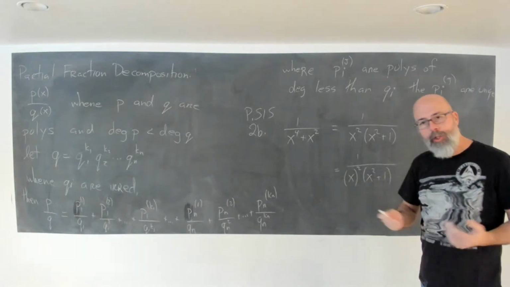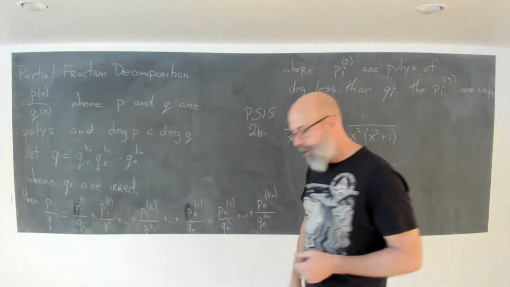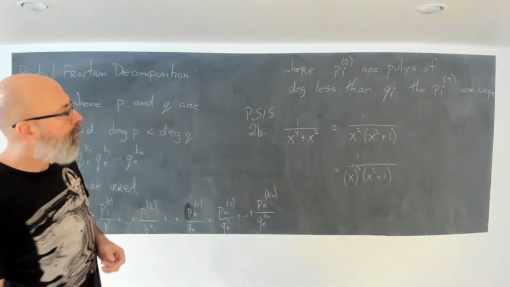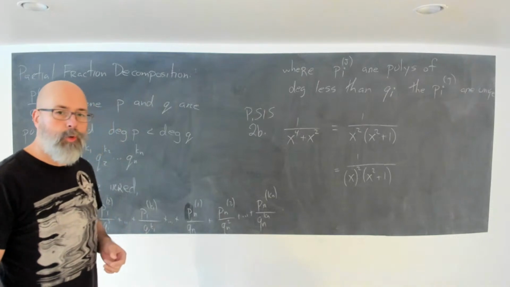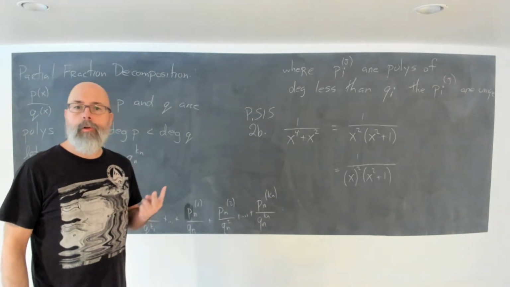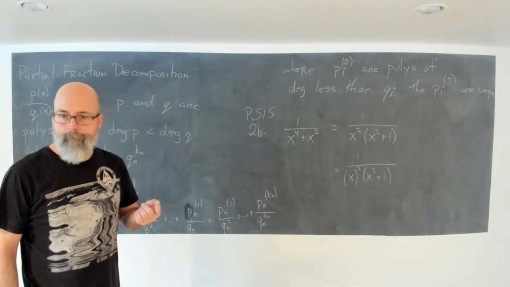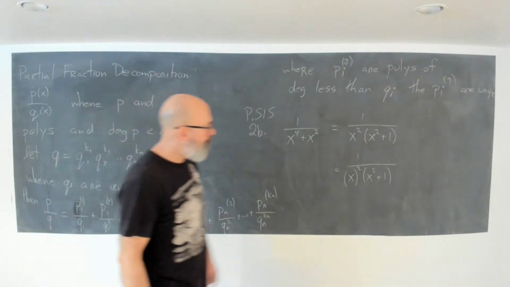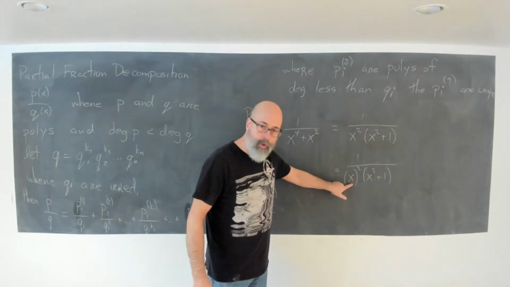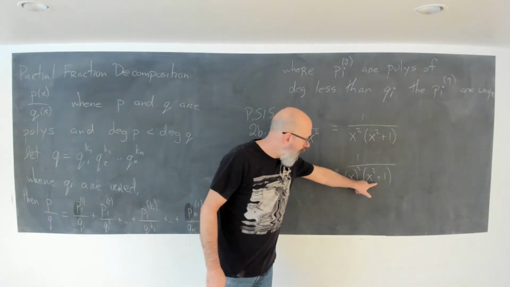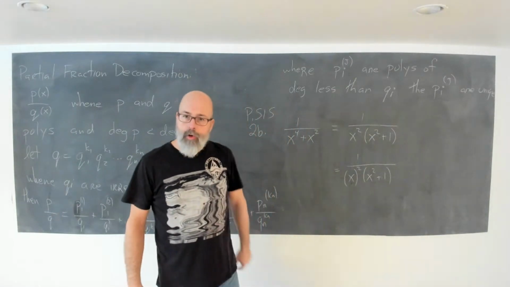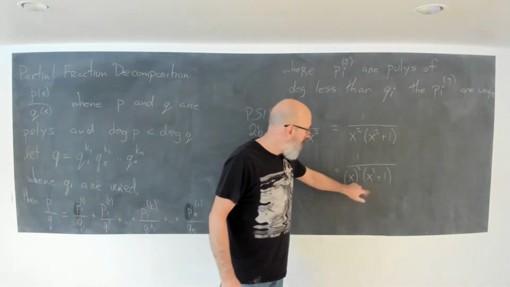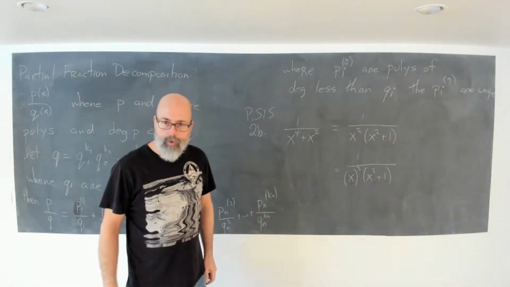Now, before we continue, I should mention that we reviewed on Tuesday the idea of irreducible polynomials, and we saw that there are only two types of irreducible polynomials. Polynomials of degree 1 or polynomials of degree 2 with no real roots. Here, x is a polynomial of degree 1, and x squared plus 1 is a polynomial of degree 2, but you can verify that it has no real roots. So both of these are irreducible polynomials.